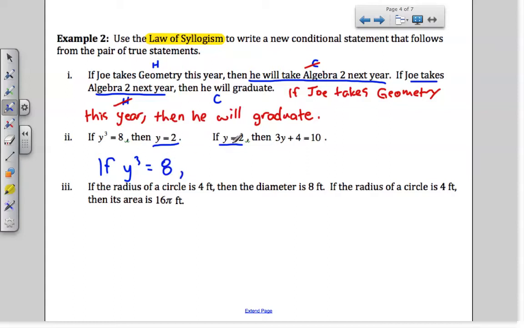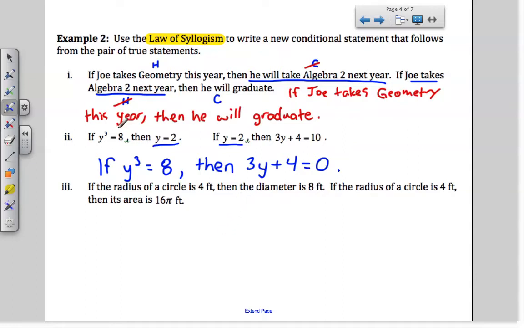Okay, I don't need to write this. This is implied. If y cubed equals 8, I'm going to know that y is 2. And look, if y equals 2, this is what I can finally conclude. So I'm going to jump right to the end, and that conclusion of 3y plus 4 equals 10. Again, eliminating that common statement, the conclusion of the first, hypothesis of the second, that was the same, and use the law of syllogism to write a new if-then statement.